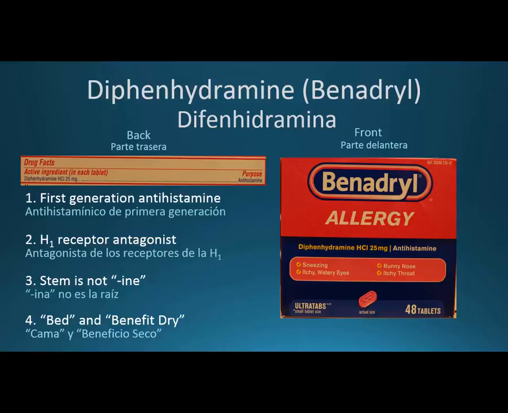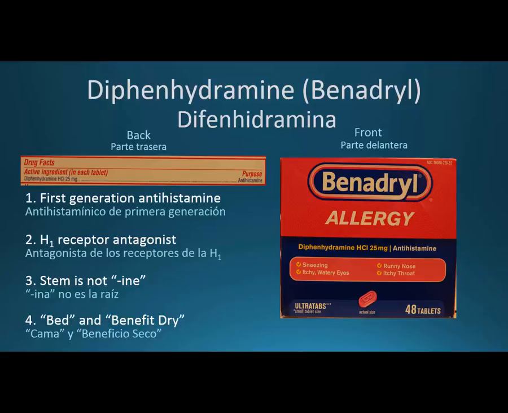The stem is not ene, because ene just means that it's part of the amine, and an amine is just a nitrogenous group in organic chemistry. So the INA, la INA no es la raíz. My mnemonic falls down a little bit here.